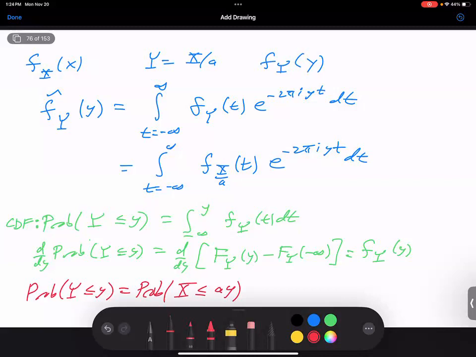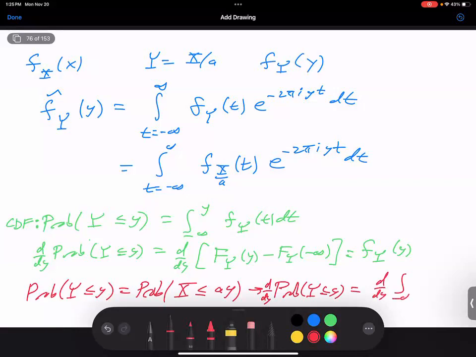And so what would I get? So therefore, d by dy of the probability that Y is less than or equal to y would just be what? So I would be taking the derivative.